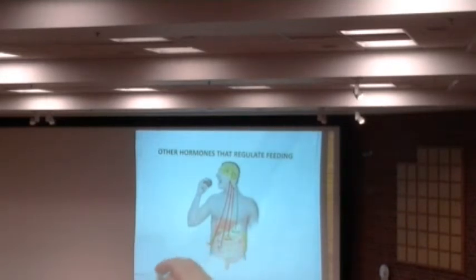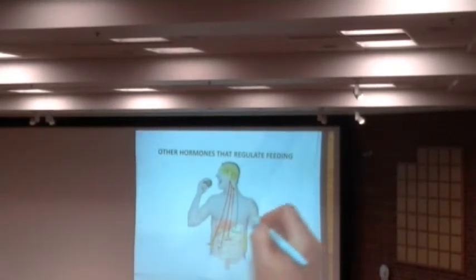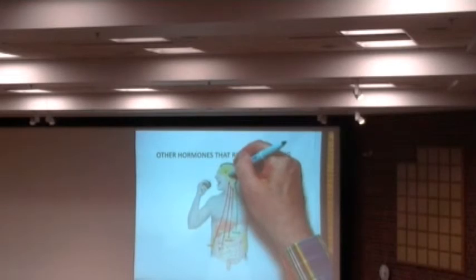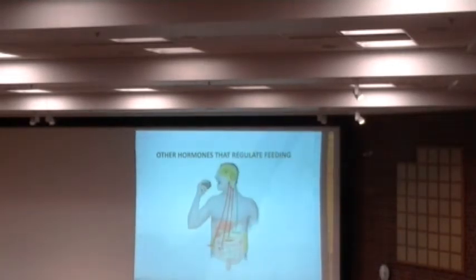When the stomach is empty, a hormone is released, ghrelin, that interacts with the brain. The stomach is communicating with the brain, saying, I am empty. Fill me up. Ghrelin interacts with the brain and it makes the feeling of being hungry and increases eating.